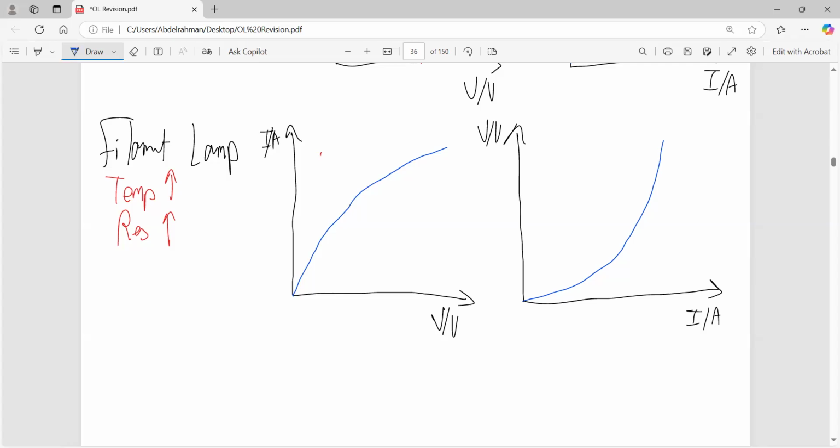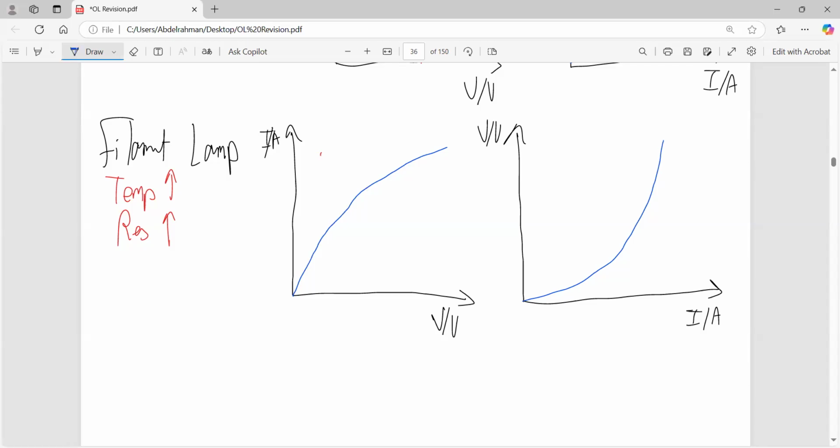So whenever I tell you to draw an increasing resistance graph of anything, it doesn't have to be a filament lamp. If I tell you I have a new device which has an increasing resistance, then you have to draw the graph curving towards the voltage axis.